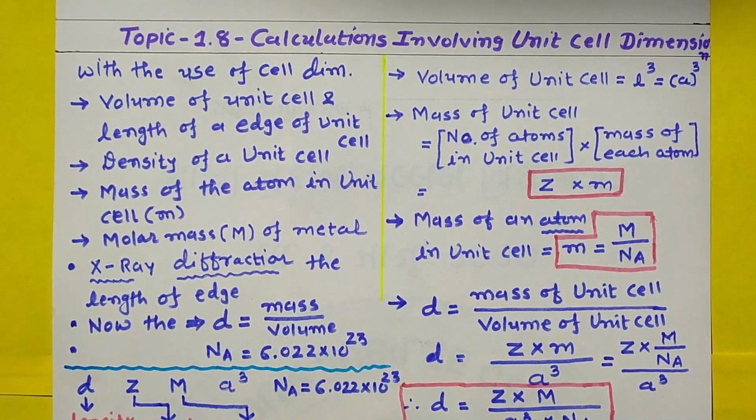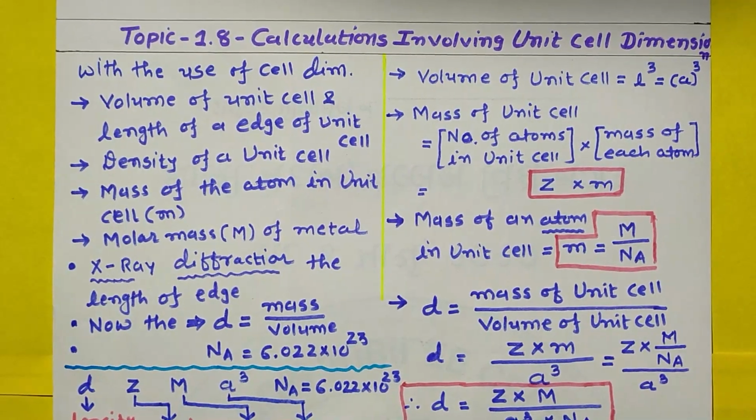And A cube is the volume of the unit cell. These are the 4 values. Out of these 4 values, if we have the values of 3, we can identify the 4th value.